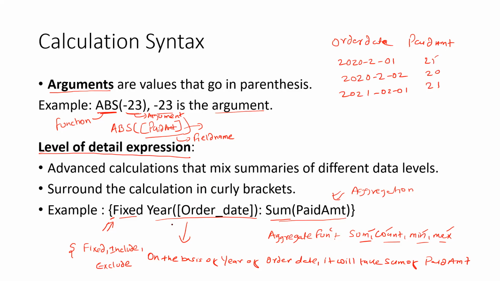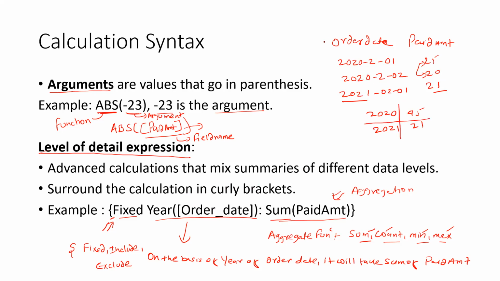What this function will do is take year 2020 and add up this and this, which is 45. Then for 2021 it will take 21. So this will be my output.